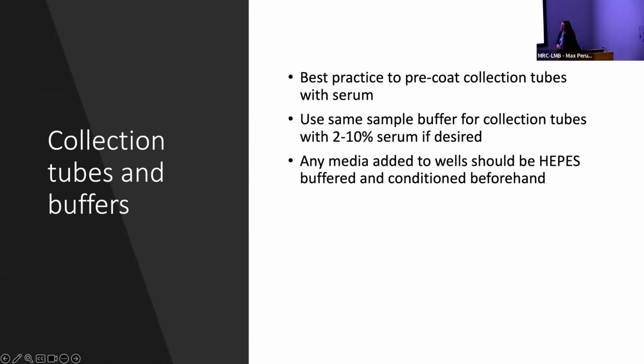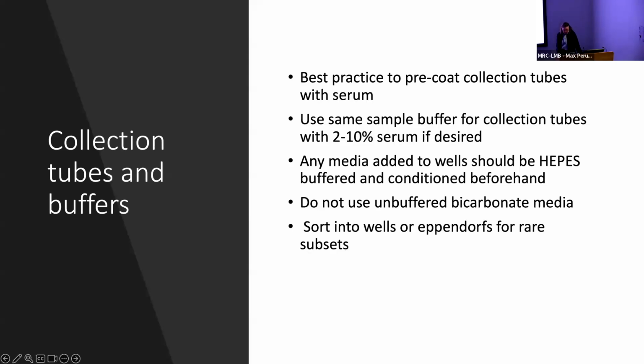Media added to any wells should be heat buffered and conditioned beforehand. Again, don't use unbuffered bicarbonate media. And for very rare sorts, we recommend sorting either into wells in plates, or 1.5 ml or even micro PCR tubes for very rare subsets.